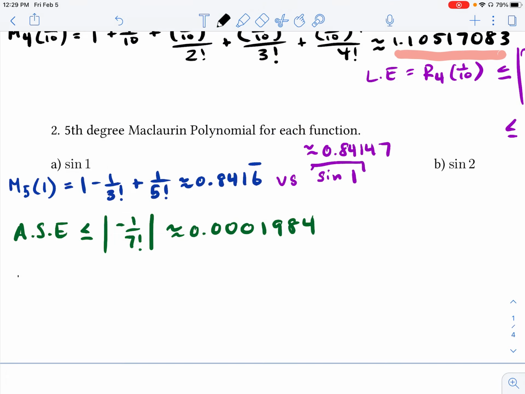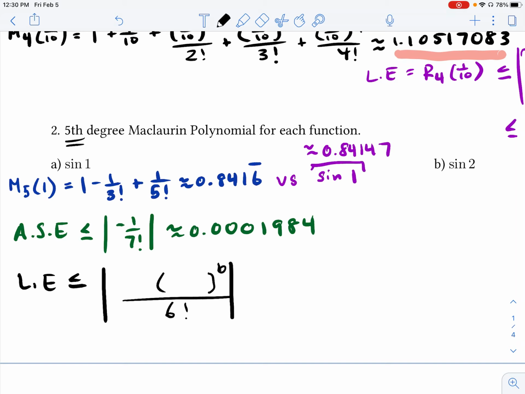Now let's compare that to the Lagrange error, because we can always find the Lagrange error for any approximation. We can't always do the alternating series error bound, but we can always do the Lagrange error bound. And this is going to be, again, less than or equal to the absolute value of, and hopefully you know the structure a little bit better by now, since this was a 5th degree Maclaurin polynomial, x minus c raised to the 6th power over 6 factorial.